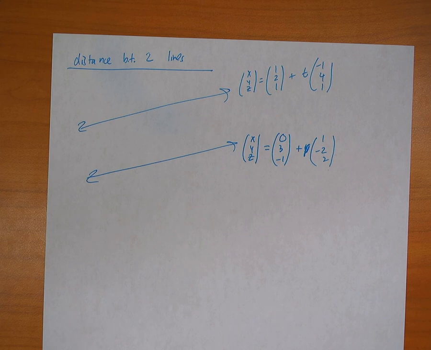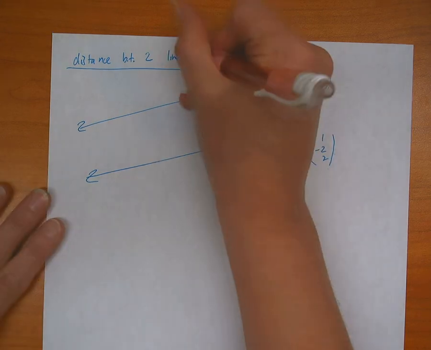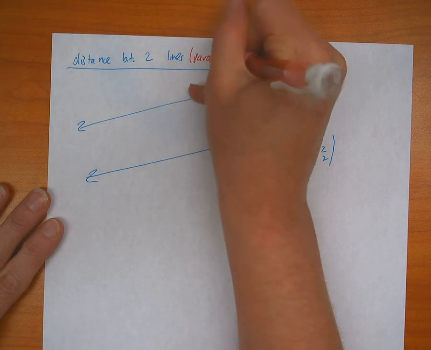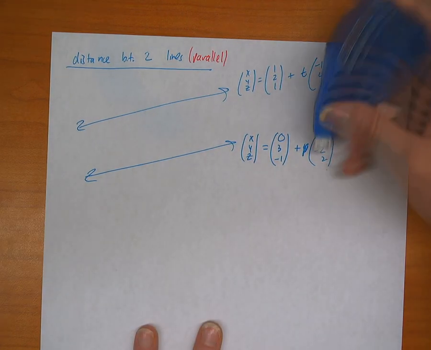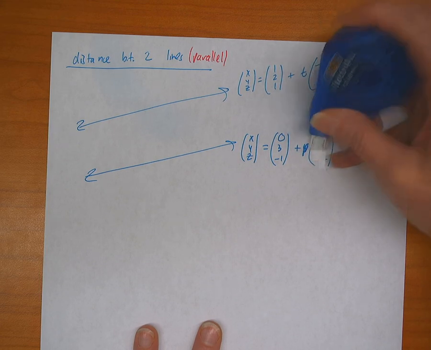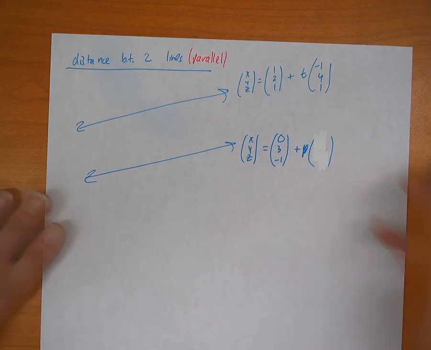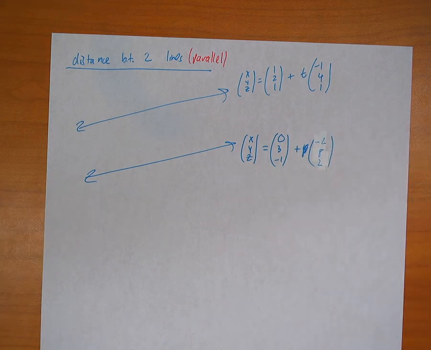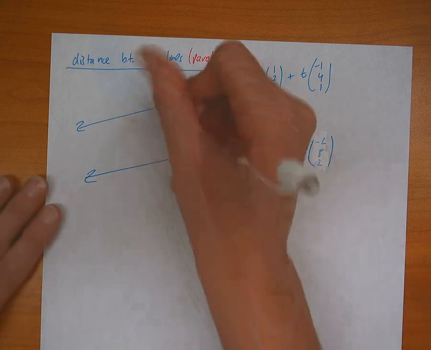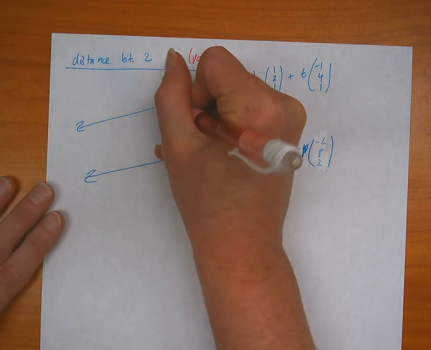Well, we kind of have the same scenario going as before. Actually, yeah, we'll do the parallel case first. So let me change this to make it parallel. So I'm going to scale it up by a factor of 2. So I'll do negative 2, 8, 2. Okay. So we can think of this situation as being similar to the last one.